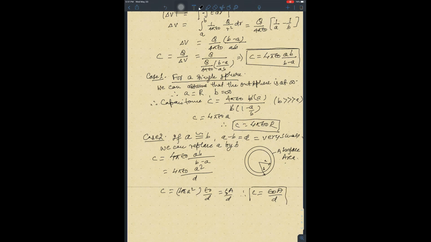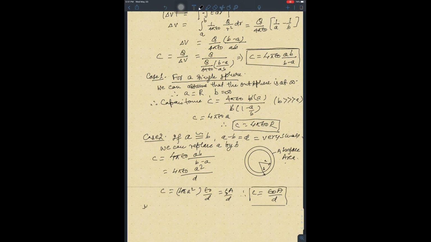In this situation, this is the capacitance of a parallel plate capacitor. So a spherical capacitor, when the two spheres are very close to each other, behaves as a parallel plate capacitor.